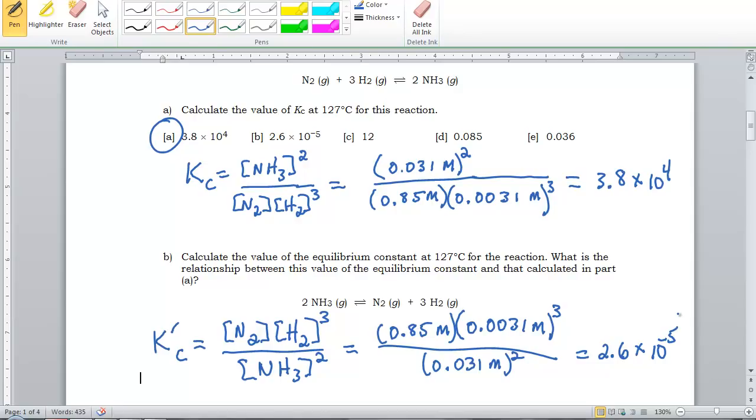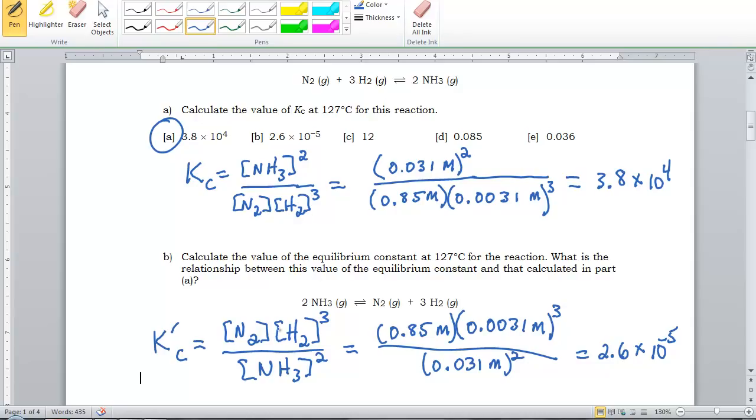Okay, so we could certainly solve this problem this way. Plug in our equilibrium concentrations again and solve. Now, there's a quicker way to do it by noticing how this equilibrium constant, K prime, relates to our original one that we just have labeled Kc. You will notice that in the first K, our reactants, N2 and H2, are in the denominator.